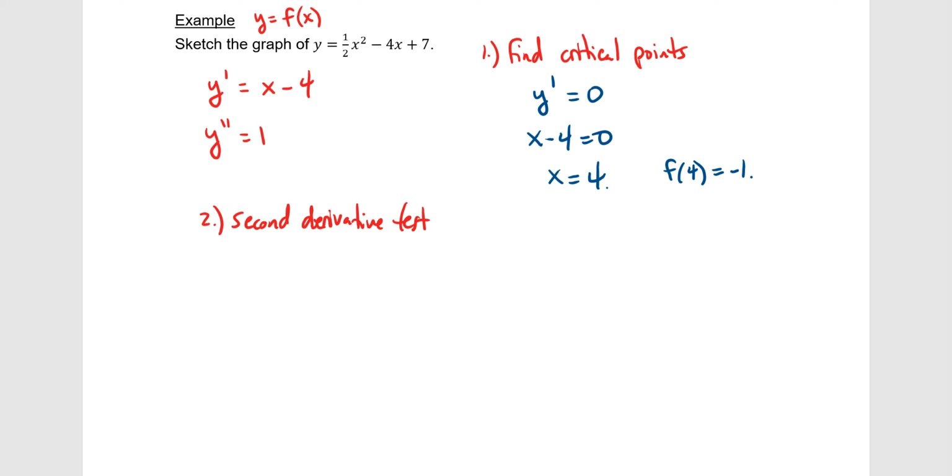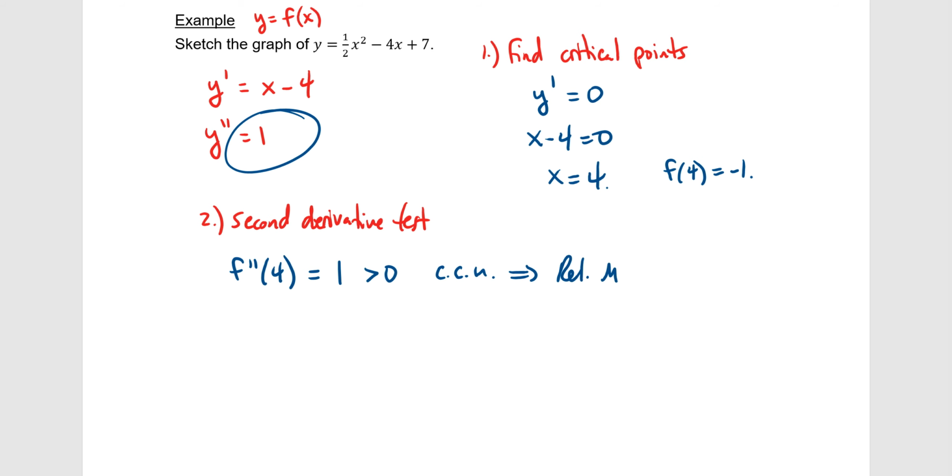So the second derivative test is going to be f double prime of 4. There's nothing to plug it into. It's just a 1, which is positive, which means concave up, which means if it's concave up at the point, there is a relative minimum at that point.